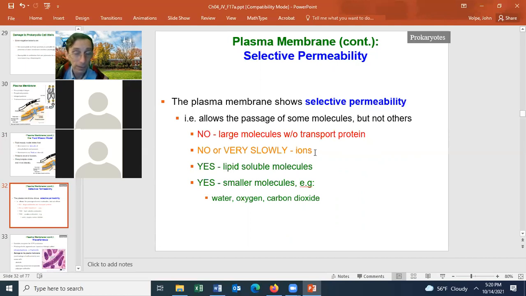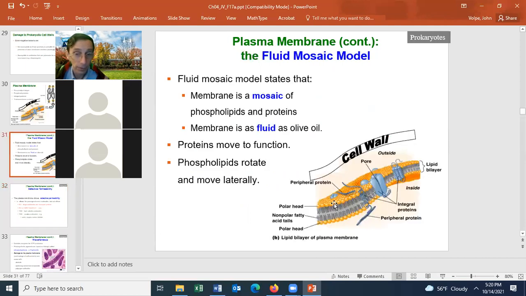That would include a protein trying to come into the cell, as well as an amino acid, and even molecules as small as glucose or fructose cannot get through the plasma membrane. Ions either do not move across the plasma membrane, or they move very, very slowly. That's because ions are charged and they do not like moving through the nonpolar region of the lipid bilayer of the phospholipid membrane.